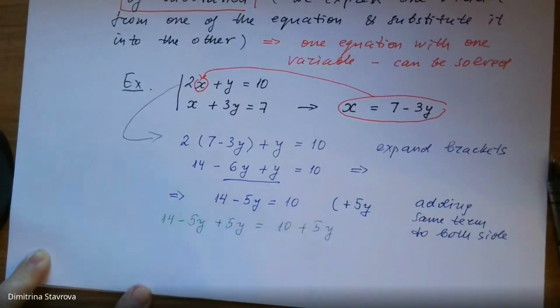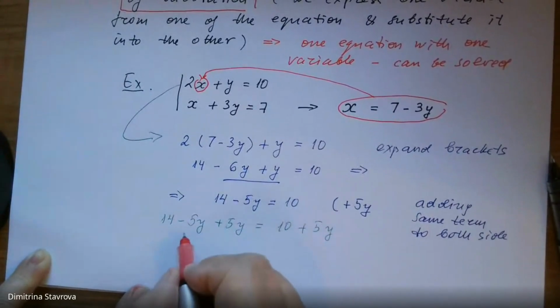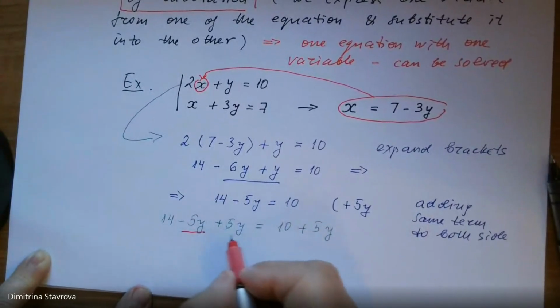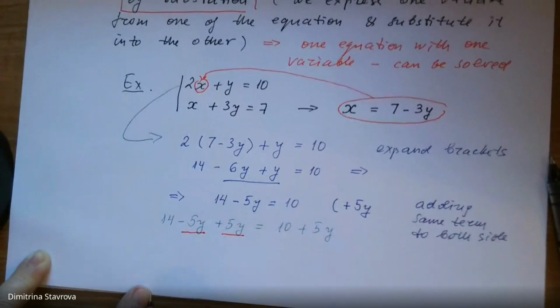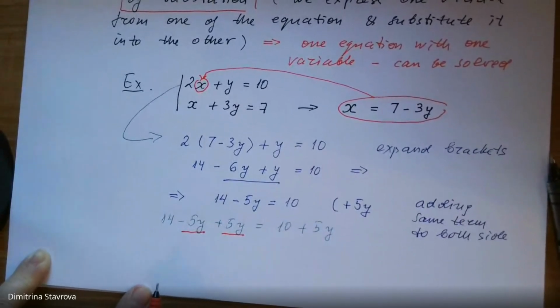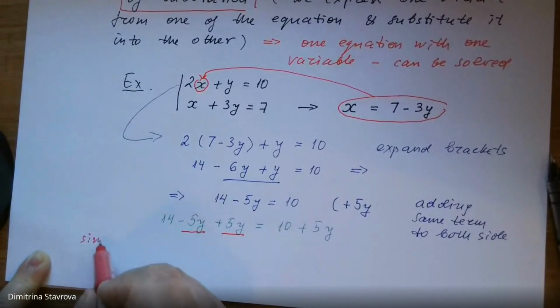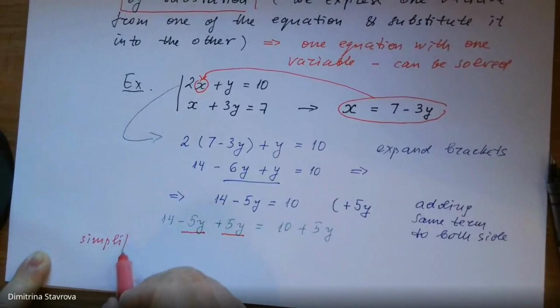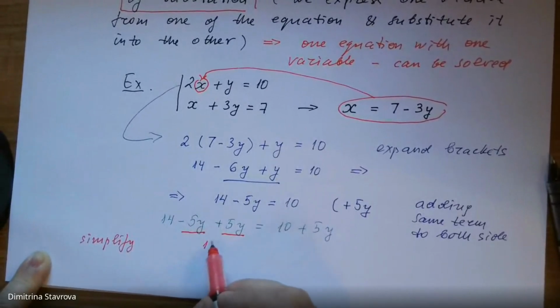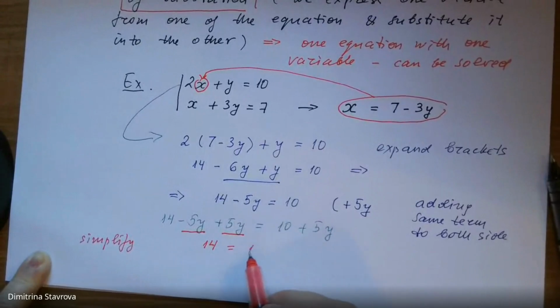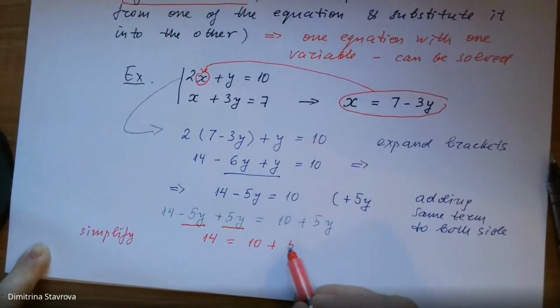On the left-hand side of this equation, we do have negative 5y and 5y. Those are similar terms. After simplification, we get 14 equals 10 plus 5y.